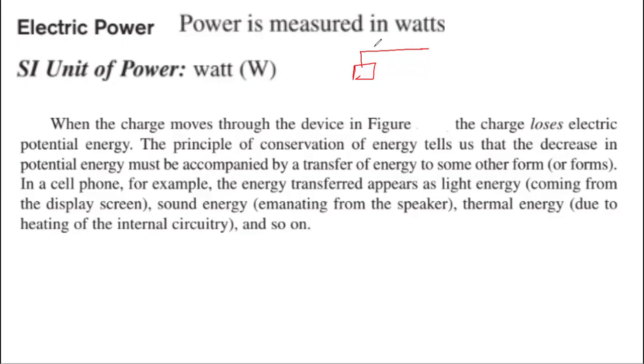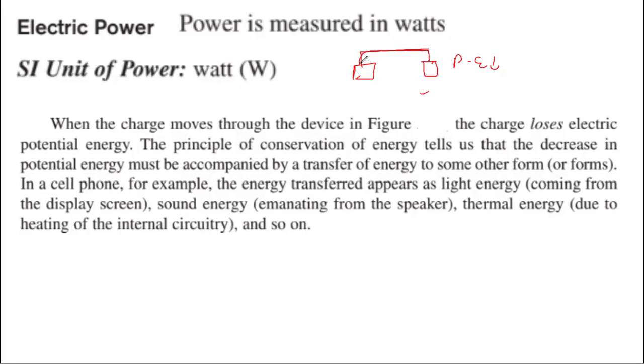The principle of conservation of energy tells us that the decrease in potential energy will be compensated by transforming the potential energy into some other form. It will be accompanied by the transfer of energy to some other forms. For example, it can appear as light energy.